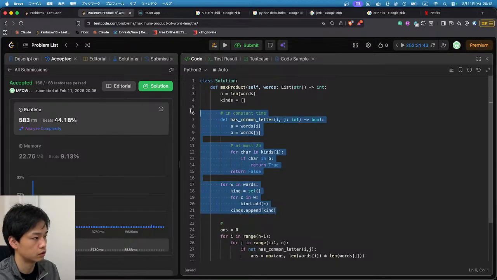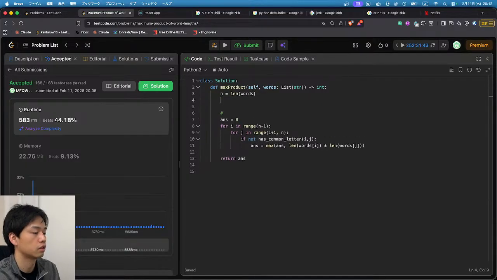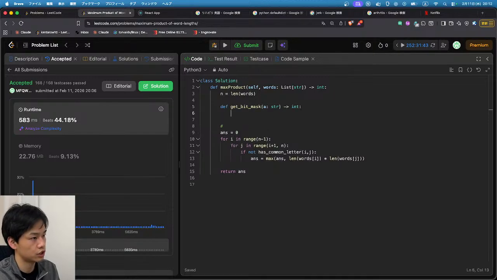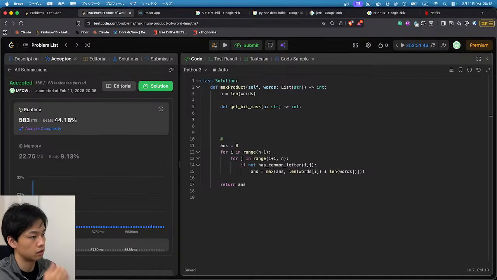So this part we can change. So function get bit mask, it takes a string and returns an integer, the bit mask.